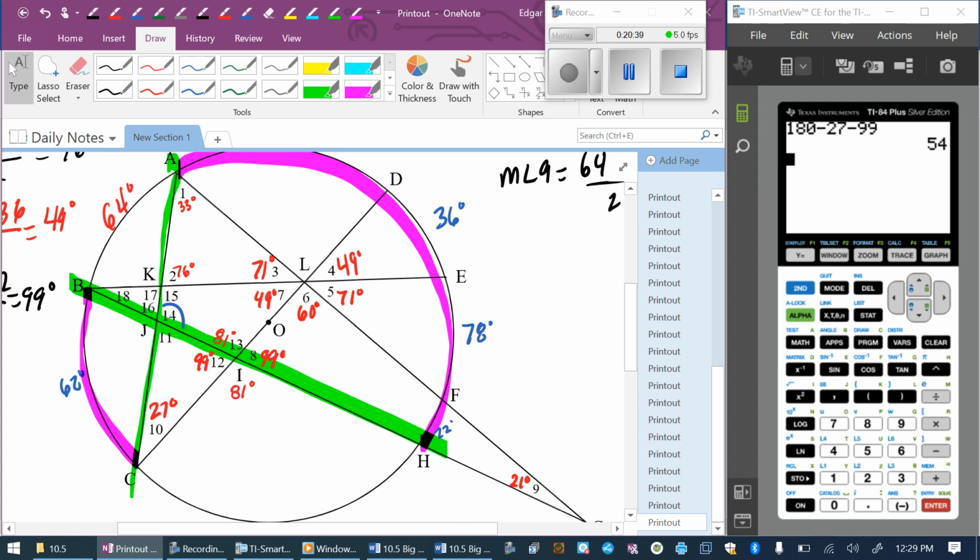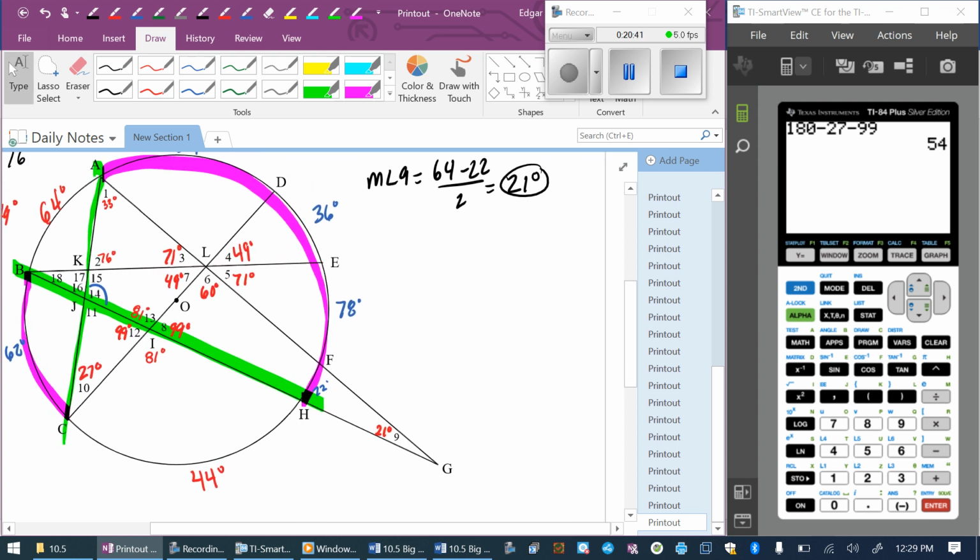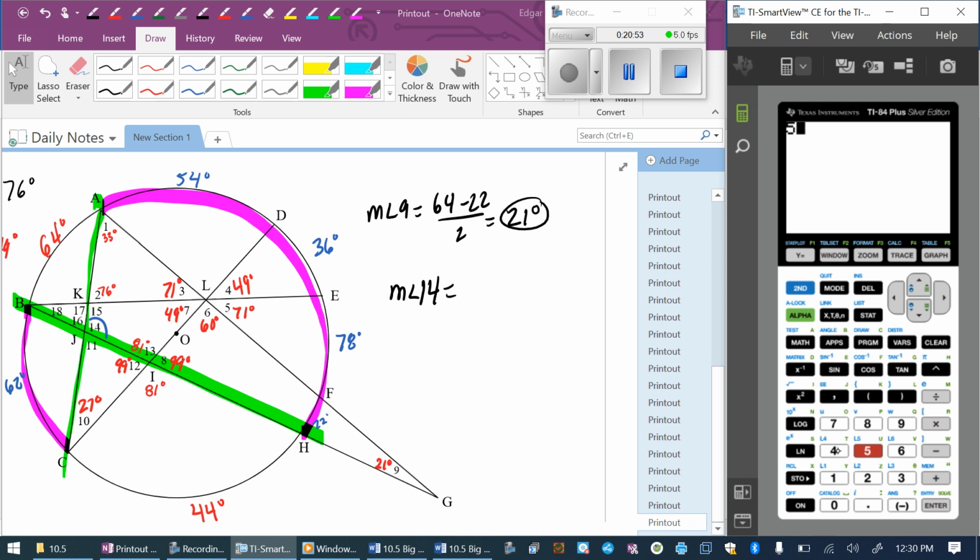We got a little bit of adding here to do. So let's go ahead and do it. The measure of angle 14 is going to be equal to 54 plus 36 plus 78 plus 22. So that's 190 plus 62.